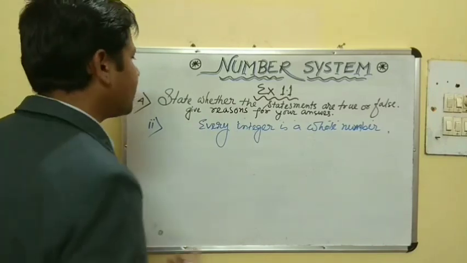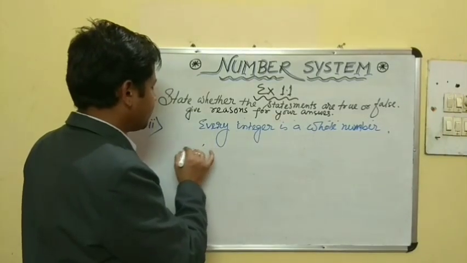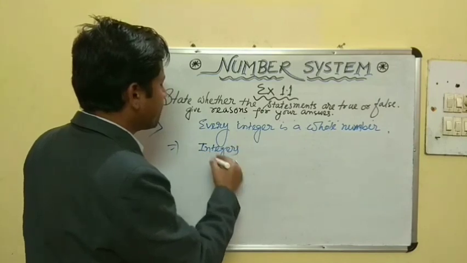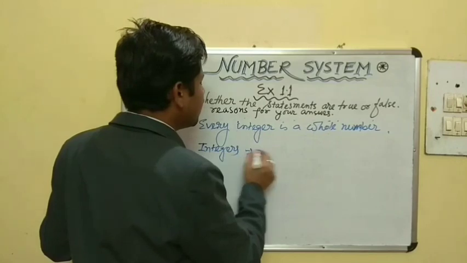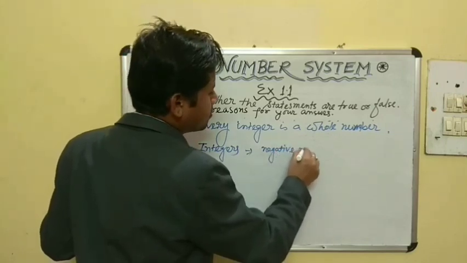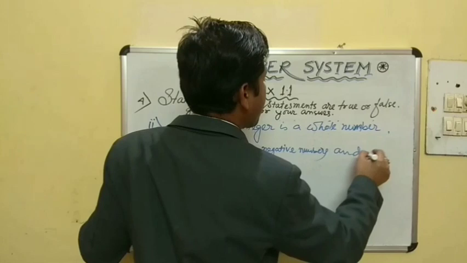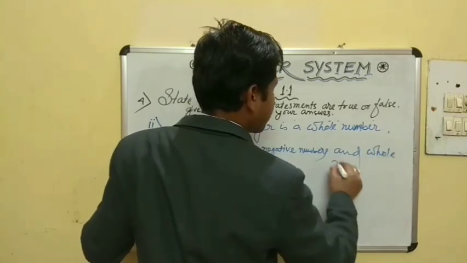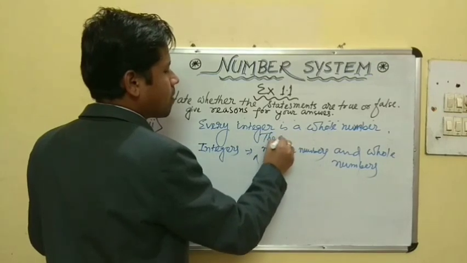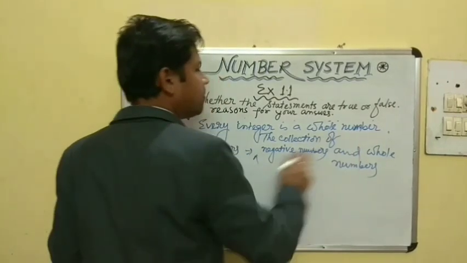Integers are nothing but the collection of negative numbers and whole numbers.